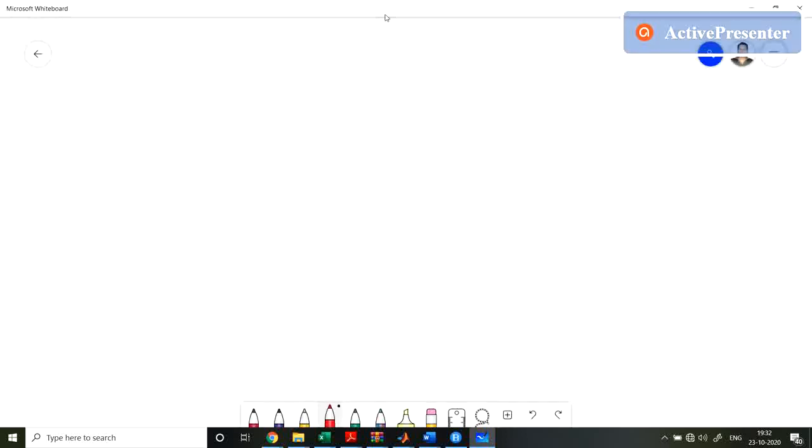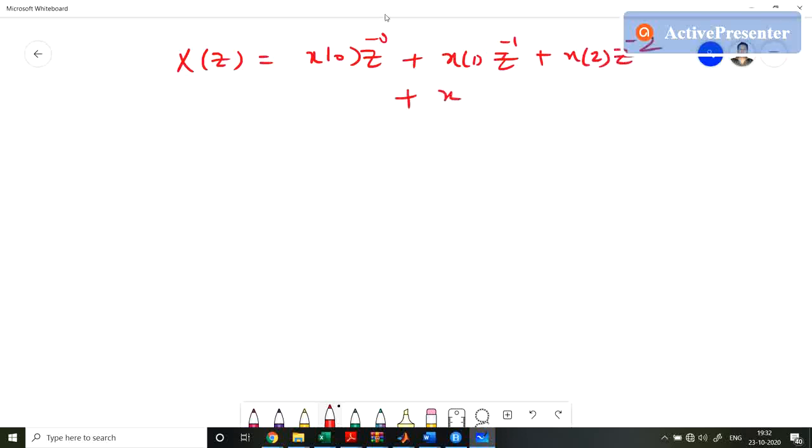which is better to write on the next slide. So X(z) equals x[0] z^-0 plus x[1] z^-1 plus x[2] z^-2 plus x[-1] z^1 plus x[-2] z^2 plus x[-3] z^3.